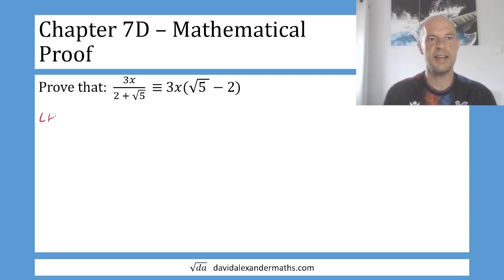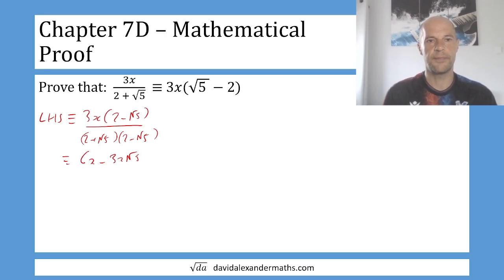So I'm going to say that the left hand side is identical to 3x lots of 2 minus root 5 over 2 plus root 5 to take away root 5, and that is identical to, expanding the bracket, 6x take away 3x root 5 over 4 take away 5 minus 1. So I've got this negative denominator, I can turn that into a positive denominator by flipping the sign of everything.